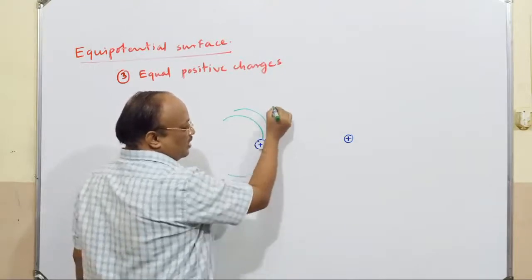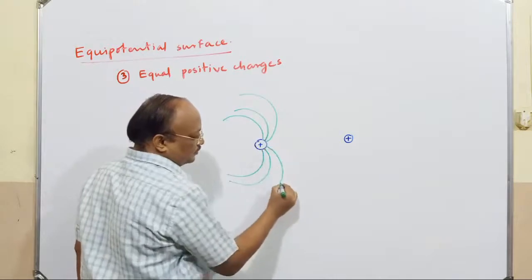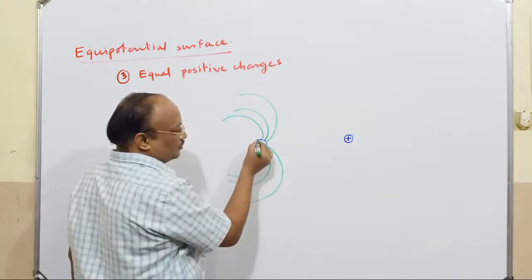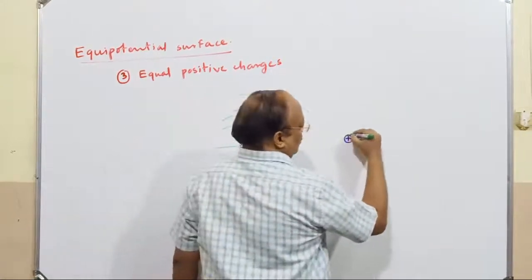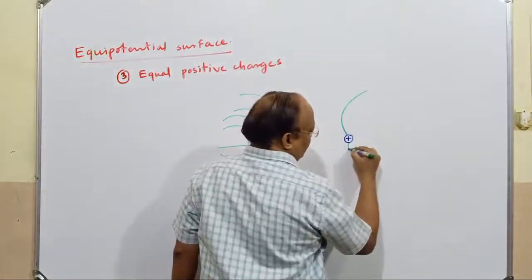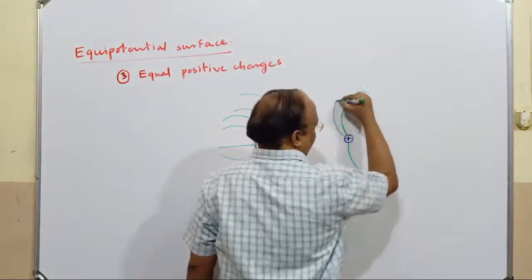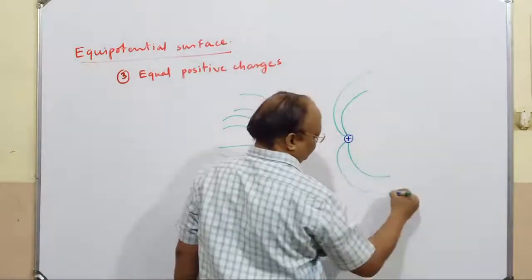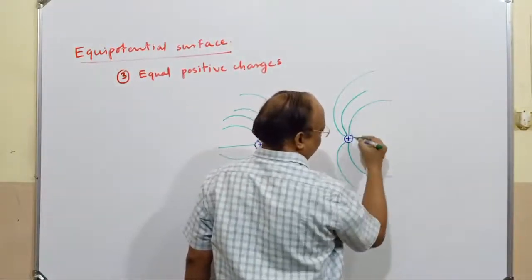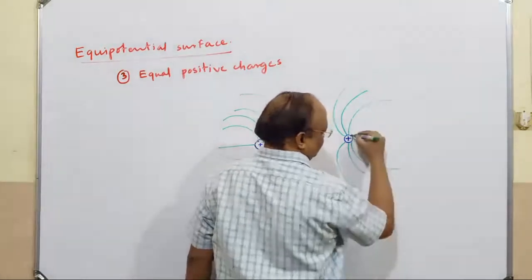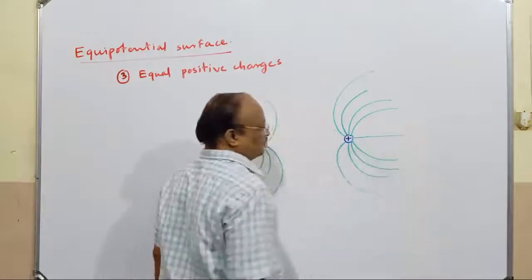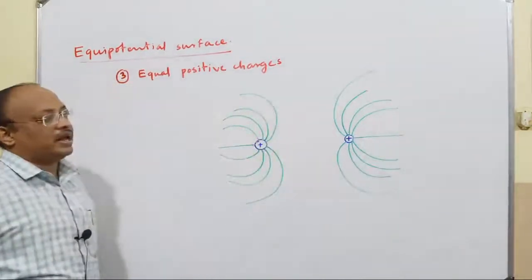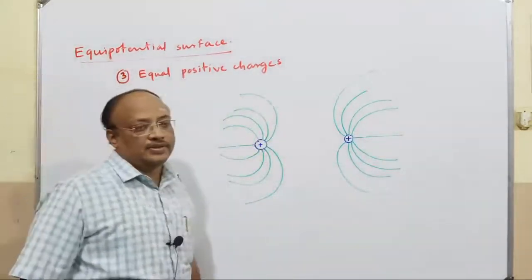Since these two repel each other, electric lines of force will be like this.